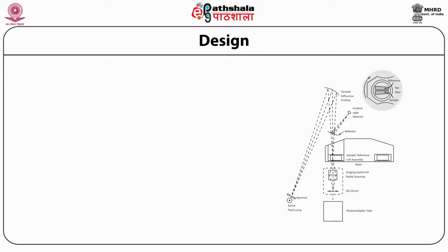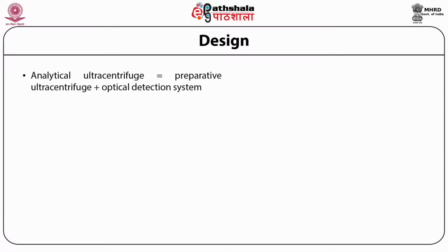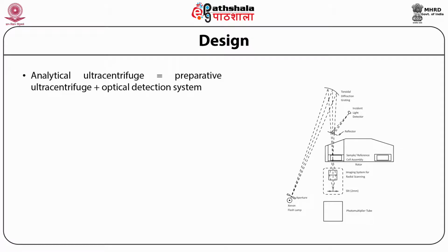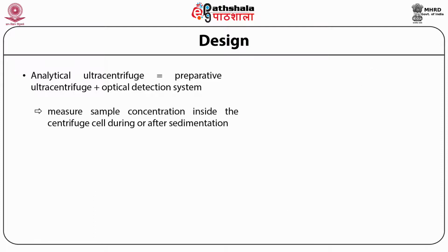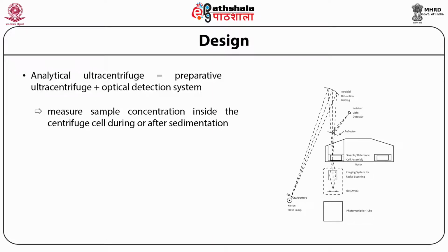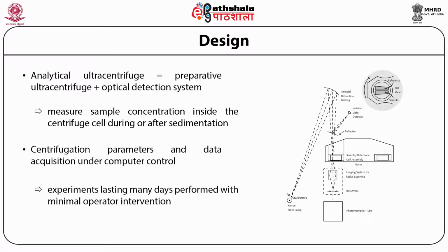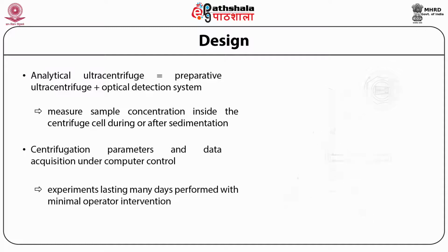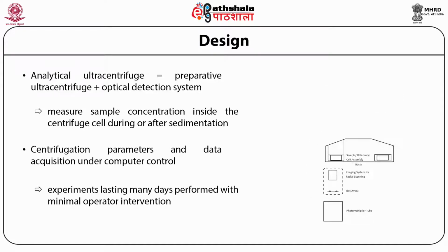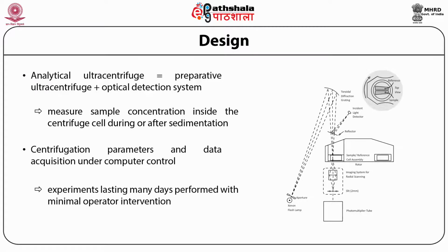You can see here that in the analytical ultracentrifuge a method of detection is available, with an optical detection system that measures the sample concentration inside the centrifuge cells during and after the sedimentation. The centrifugation parameters and data acquisition are under computer control. You can see the realistic picture of the centrifuge on your screen.